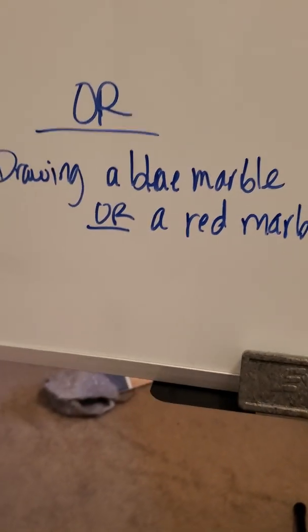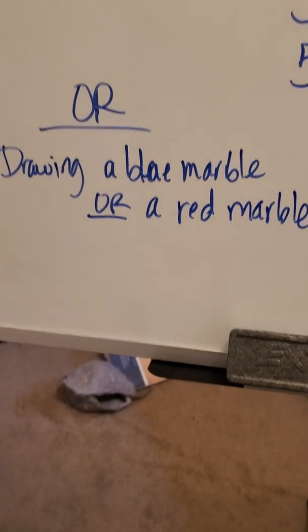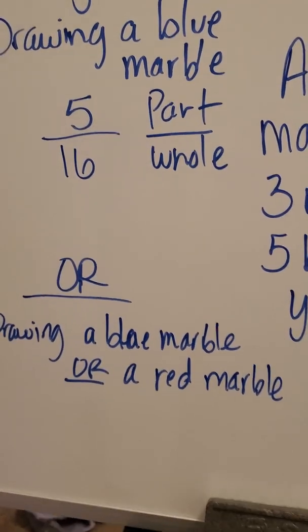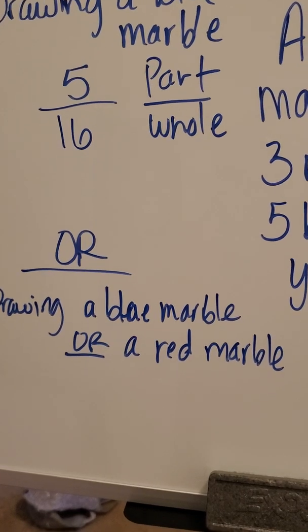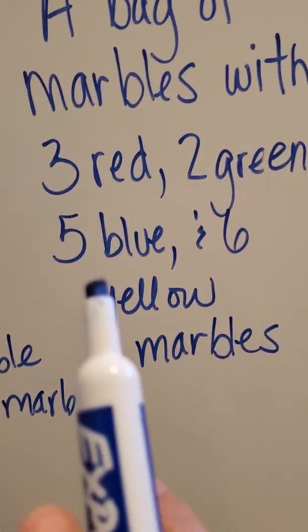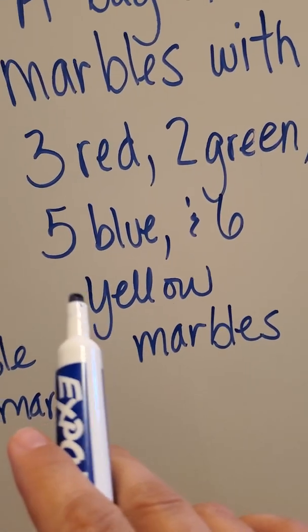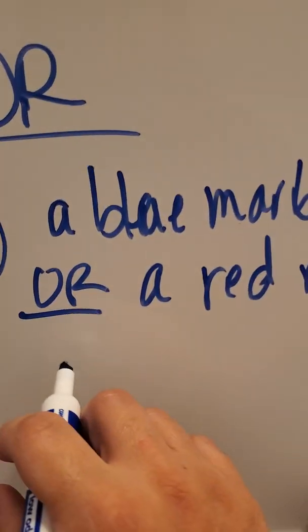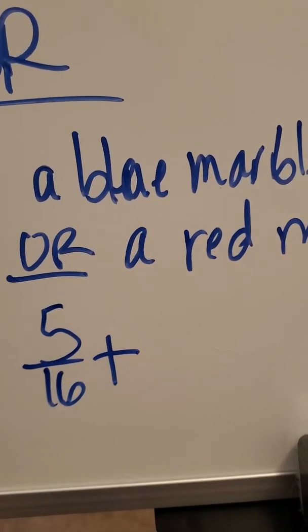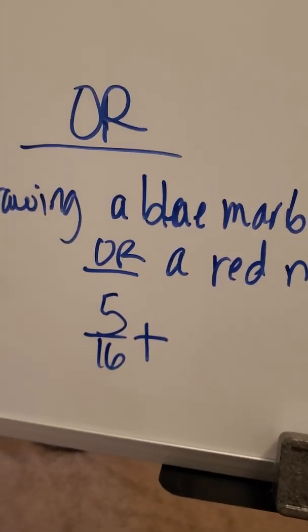Okay, so when you see or, we're still doing part over whole, like we did up here, part over whole. But with the or, we're going to have to add our 2 probabilities, okay? So the probability of drawing a blue marble, we already figured that out before. That's 5 over 16, right? And then or tells me I'm adding, okay? When you see or, add, okay?